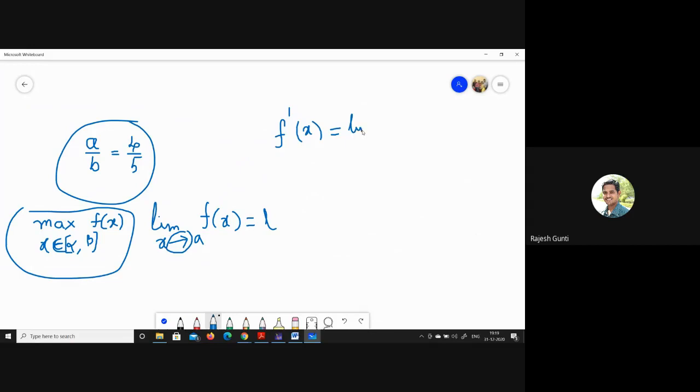Limit h tends to 0, f of x plus h minus f of x, by h.